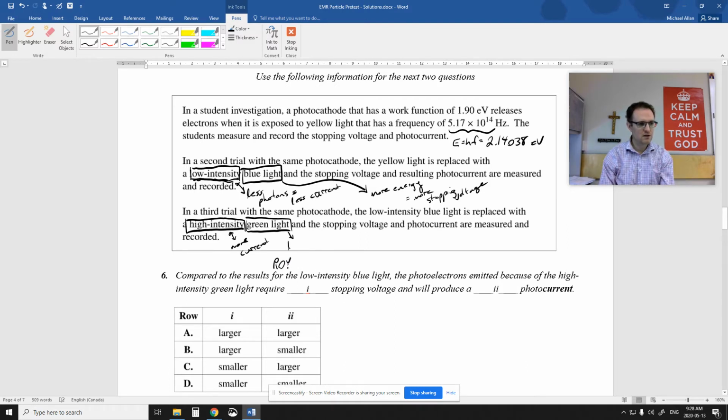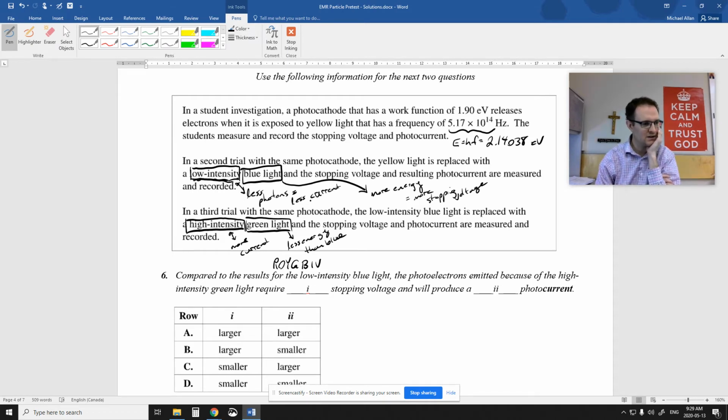I'm just going to write this out. Roy G. Biv. So blue light has more energy. So this is less energy than blue, right? But more than the original yellow. Okay, so comparing the low intensity blue light to the photoelectrons emitted because of the high intensity green light, we're going to compare it to the blue light.